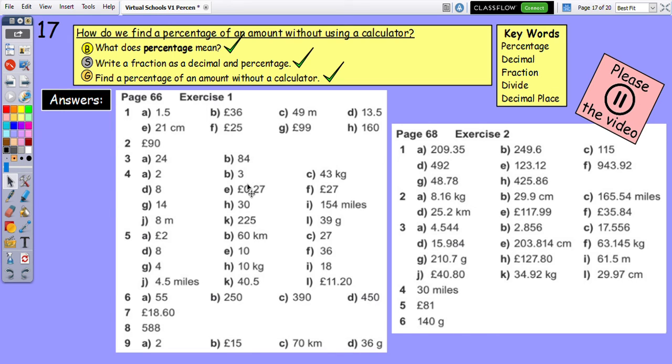Okay, once you've marked your work, there will be a feedback session on Friday. Okay, so if you do struggle with any of these values or you got a question wrong, make a note of it and we can go over it on Friday in the review session. Okay, now please be aware that exercise 2 is kind of difficult, so well done if you did attempt that.